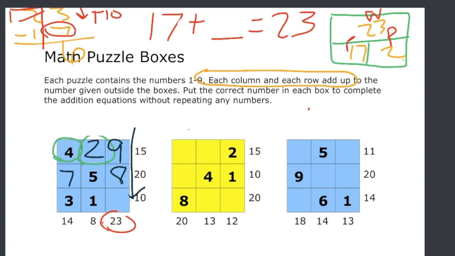Then I go to my tens place. 1 minus 1 is 0. So the answer is 6.